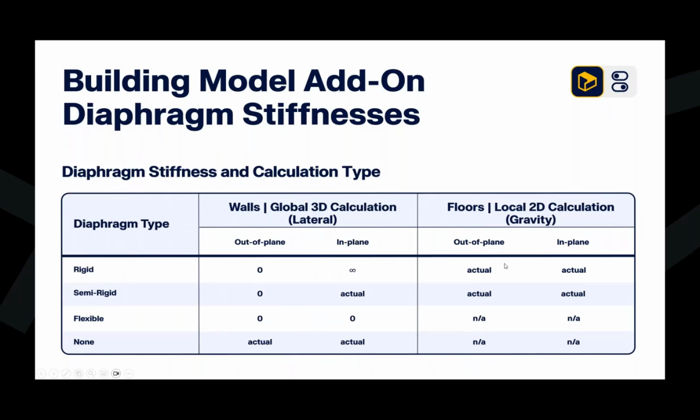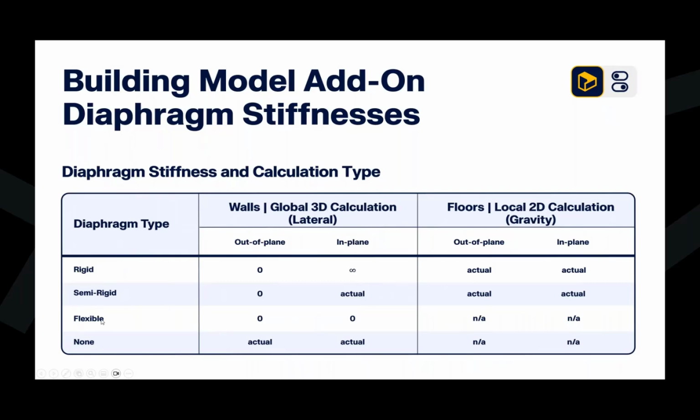And as far as the stiffness, we'll actually use the true stiffness of the material, of the thickness that's been defined for that floor. But when we look at the lateral calculation, we will modify the stiffness of those floors. So for rigid, we'll use an infinitely rigid stiffness in the in-plane direction, but out of plane will be set to 0. Semi-rigid, out of plane is also set to 0, but the in-plane is set to the actual stiffness.